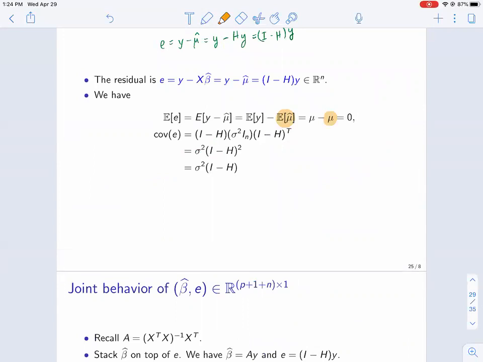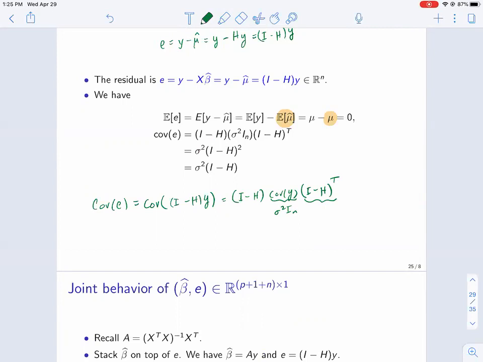And then we can compute the covariance. So covariance of E is equal to the covariance... I'm going to use the other expression. So this times Y. This is going to be I minus H times covariance of Y times I minus H transpose. This is sigma squared I_N. So what is I minus H transpose?